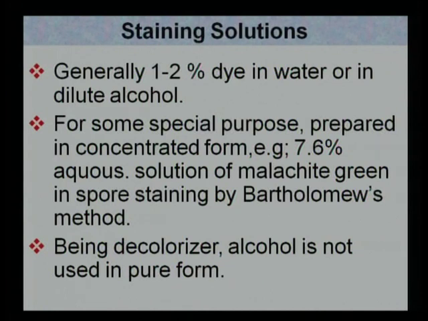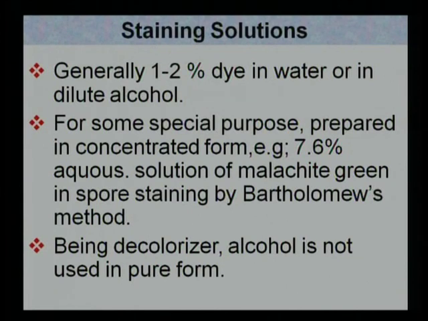So these are some of the exceptional conditions in which the concentration as well as time are both increased. Otherwise, normally a 1 to 2% staining solution is prepared either in water or dilute alcohol, and the time period normally varies from 1 to 2 or 2.5 minutes at the maximum.